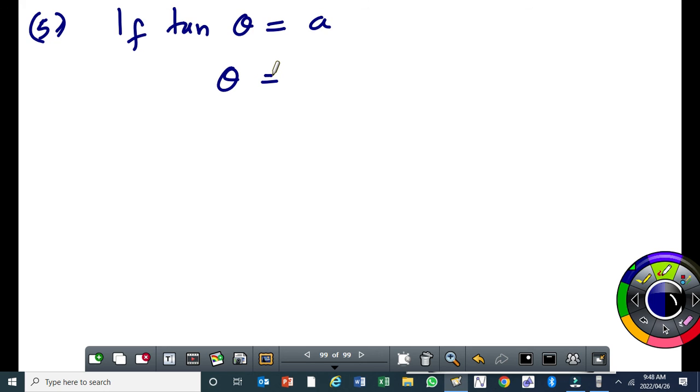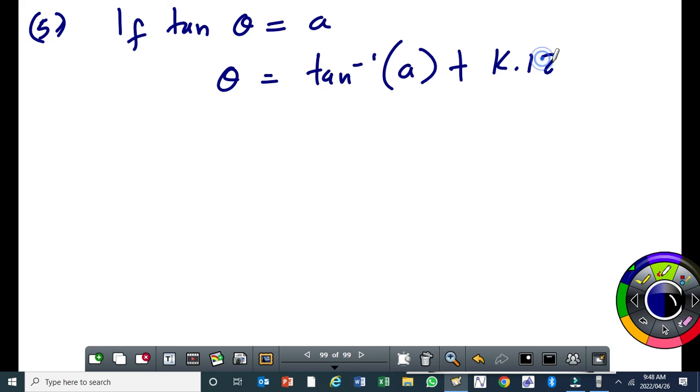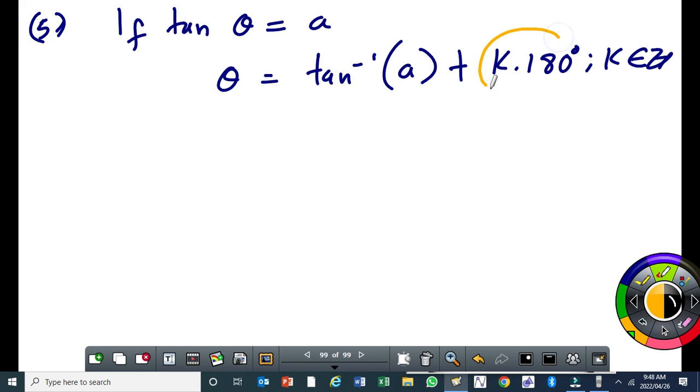And tan graph only has one arm. And the period of a basic tan graph is 180 degrees. So this will be equal to shift tan of A plus K times 180. Please be very careful with this one, because you can put K times 360 by mistake there. Be very careful here.